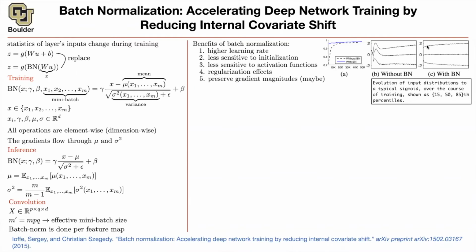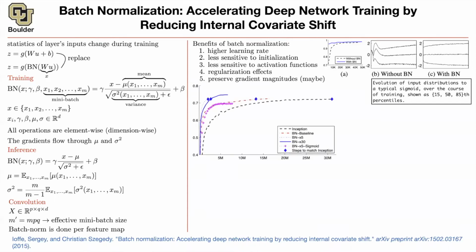Okay. And these numbers are 15, half, and 85 percentiles that you are seeing here in this plot. So this is covariate shift. This is you removed covariate shift by this trick.